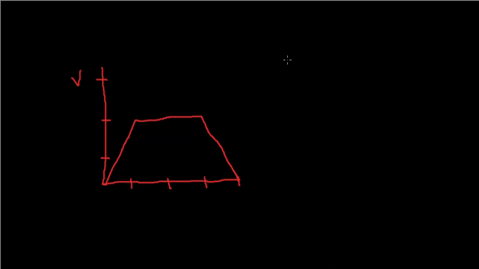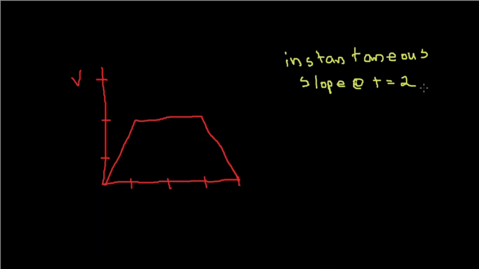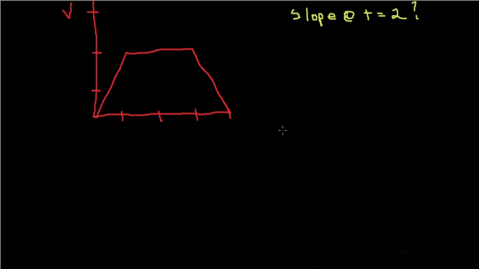What is the instantaneous slope at t equals 2, and the other one is going to be position at t equals 3.